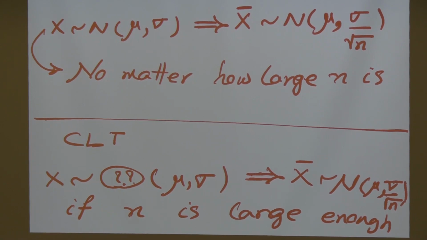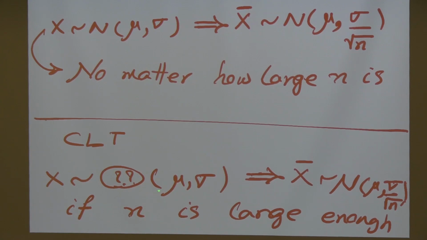Now, the central limit theorem says no matter what this distribution is, there are question marks here, because in general, we don't know the distribution in the population. We don't have all the data in the population, right?